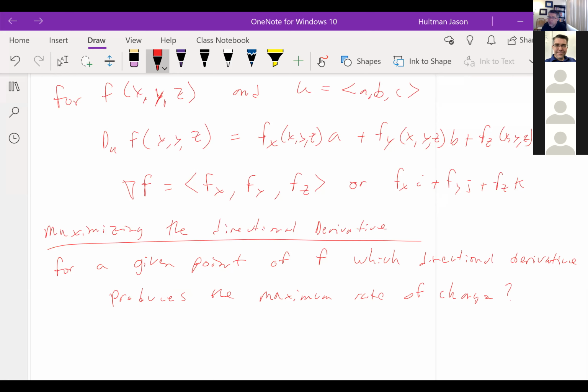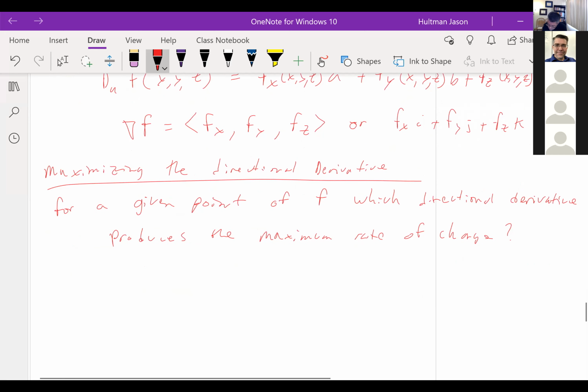Again, the one that goes off the cliff is probably the maximum rate of change. Now, not all functions go off a cliff edge, though. Remember, we want to say which directional derivative, right? So if we take a derivative in a certain direction, let's say that we have a surface, and then we have a point out here.